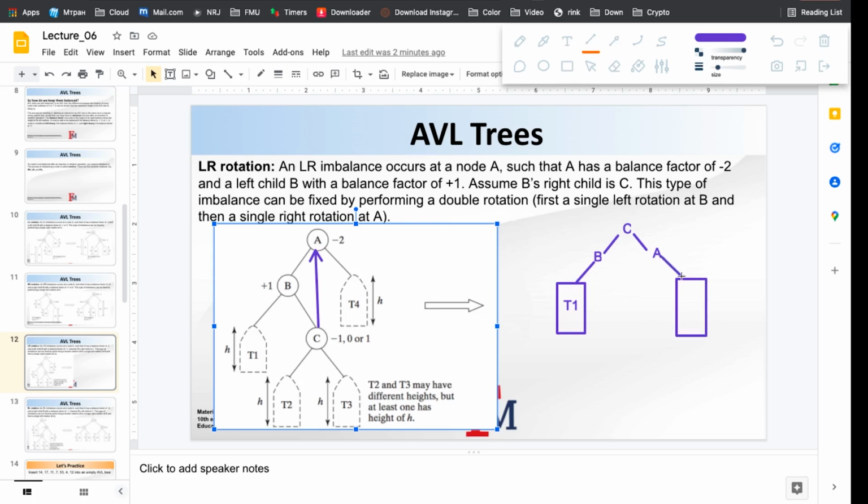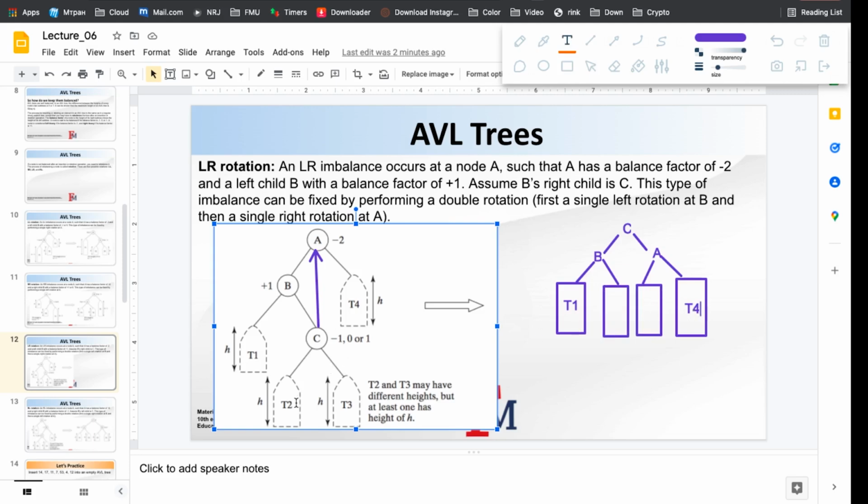Next, T2, T3, that's a bit interesting, right? We can't really connect it to C anymore because C became the root, right? So we only have two places left: right from B and left from A. Now let's see what fits where. Okay, this one is T4.